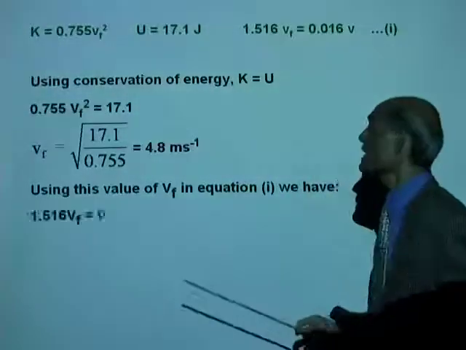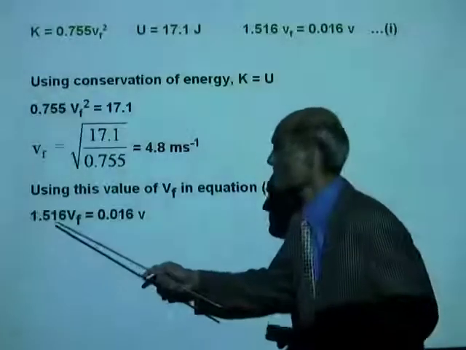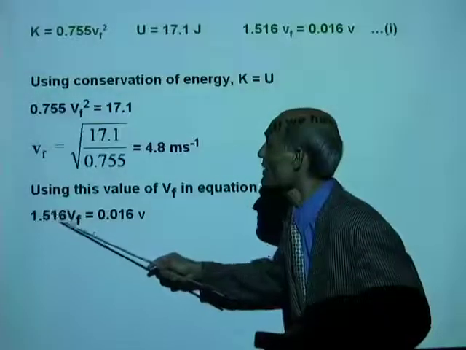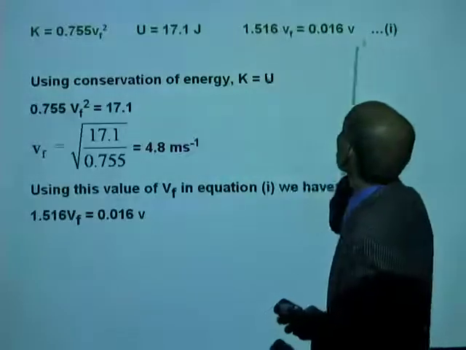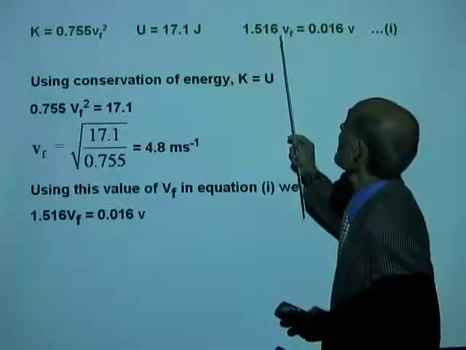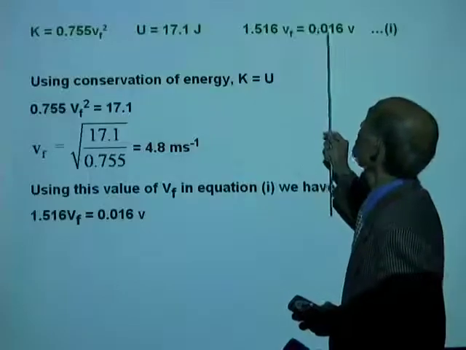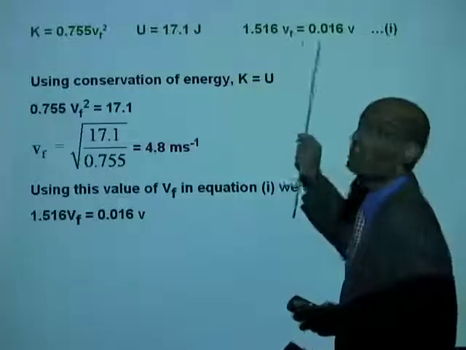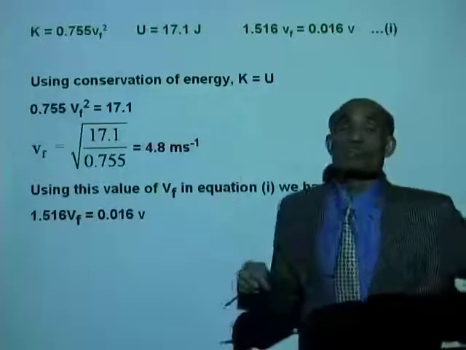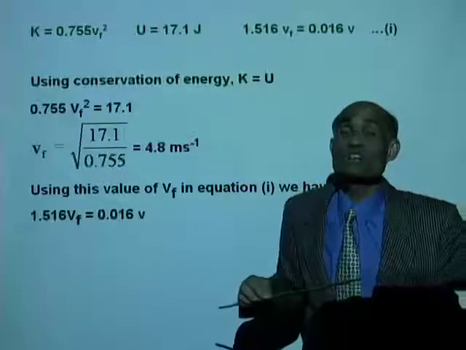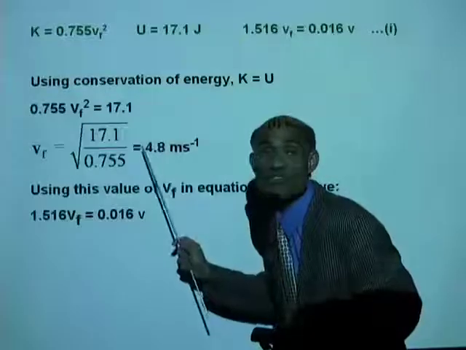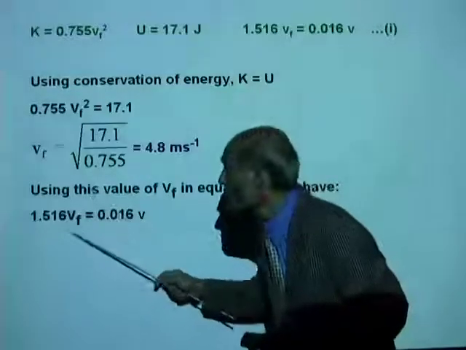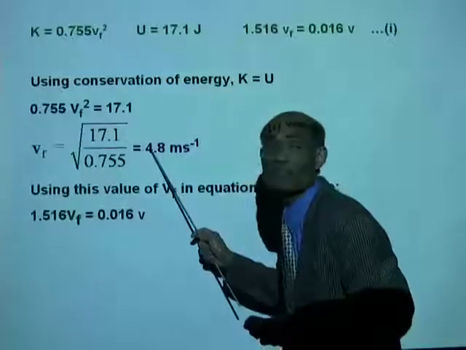Which is our first equation? We have 1.516 Vf equal to 0.016 V. That is the first equation we obtained using the conservation of momentum. Now we use the conservation of energy and obtain the value of that Vf.